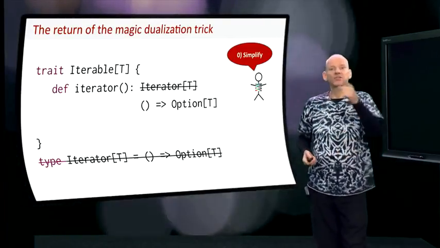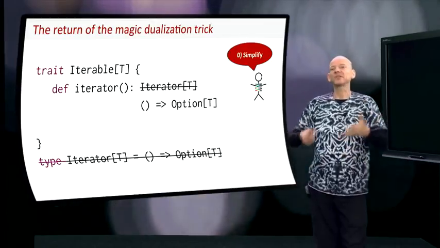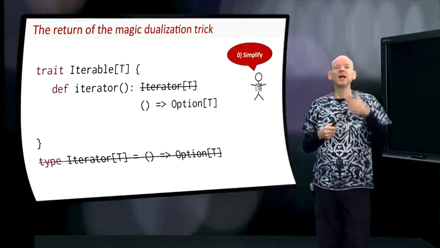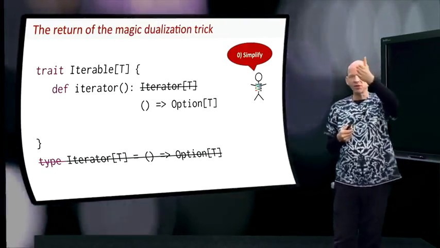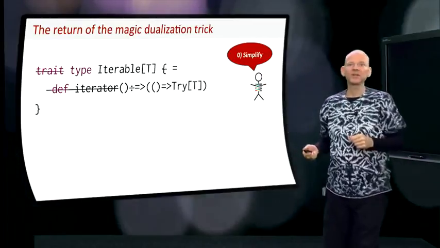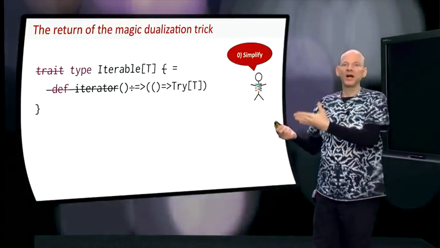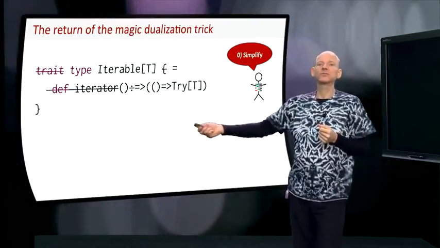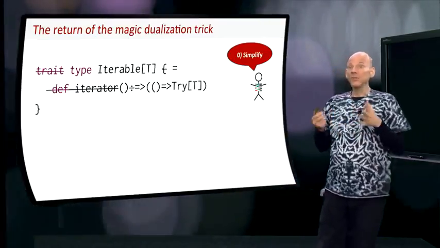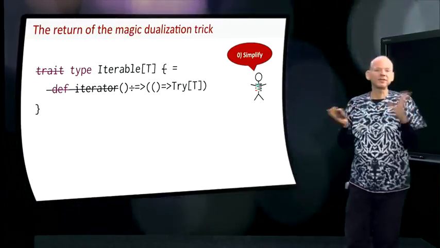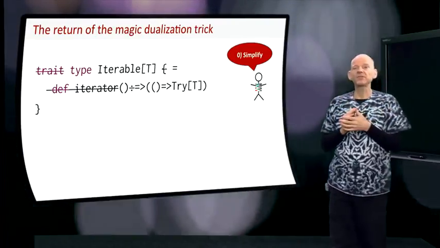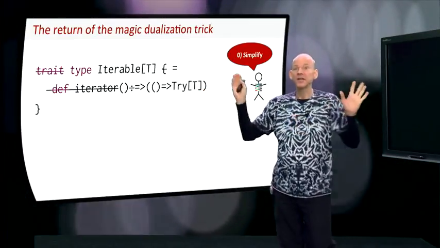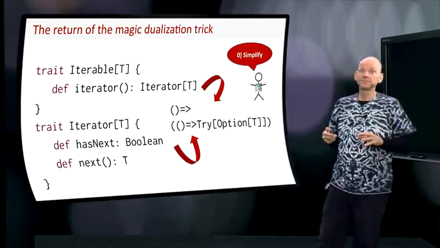Now we can substitute that type, because if it's just a single function, let's substitute it there in iterator. And now we have a trait that also has a single method, so let's just expand that. And now we get a type iterable that's really of type unit arrow try of T. All right? So what we have done is simplify the traits iterable and iterator, and the essence is just this higher-order function. I've done nothing special.